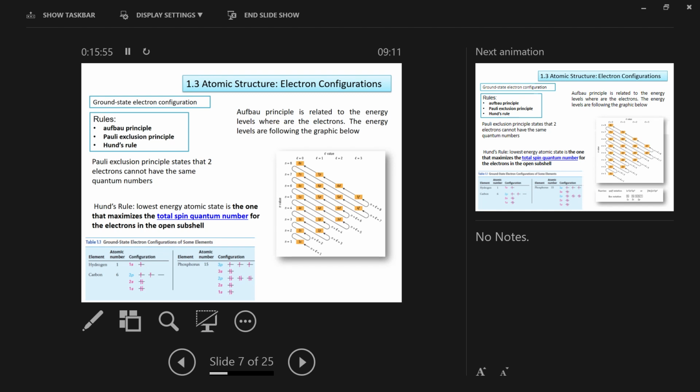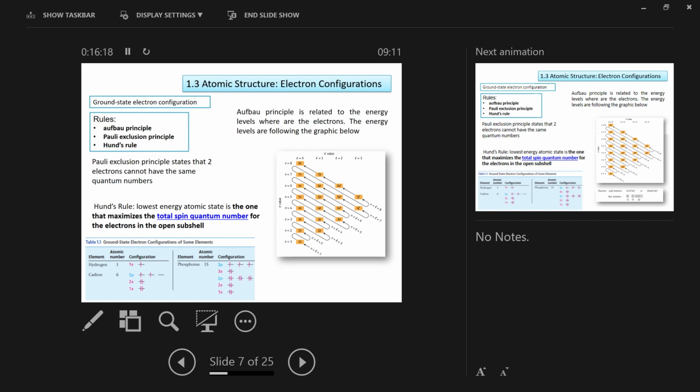Okay, here you can see the graphic. We start with the 1s, this is the minimum energy, then 2s, then 2p, 3s, 3p, but then instead of going to the 3d it goes to the 4s. Okay, I will not enter into this.